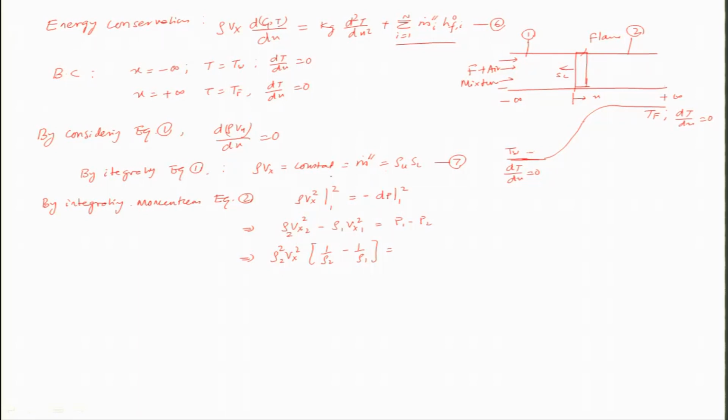And considering that rho 1 Vx1 is equal to rho 2 Vx2 from the continuity, equation 7, this is equal to P1 minus P2.